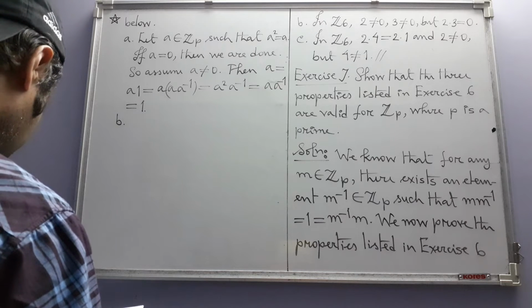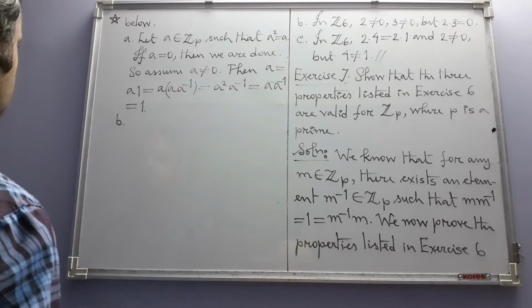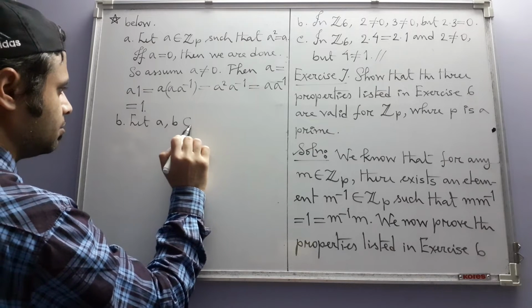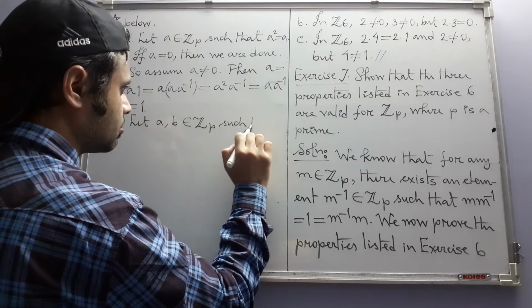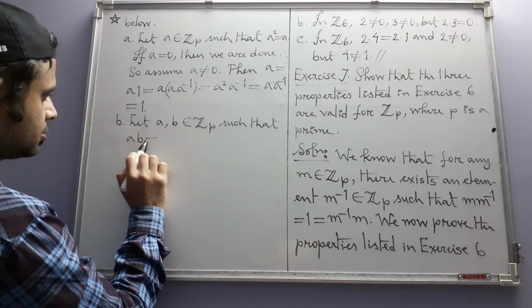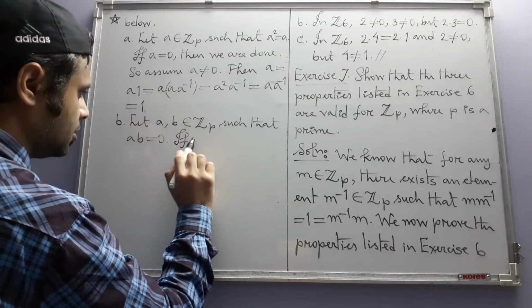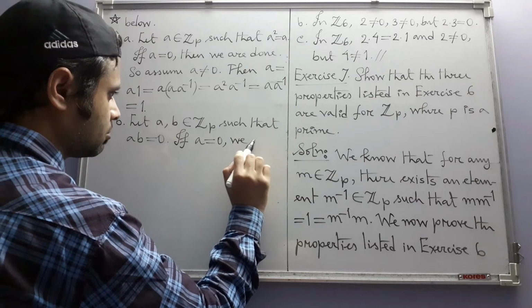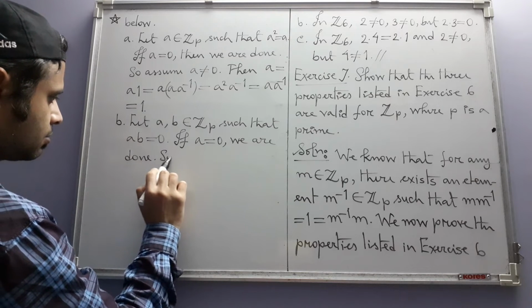Then in property B, let A and B belong to Zp such that their product is 0. Again, like before, if A is 0, then we are done.